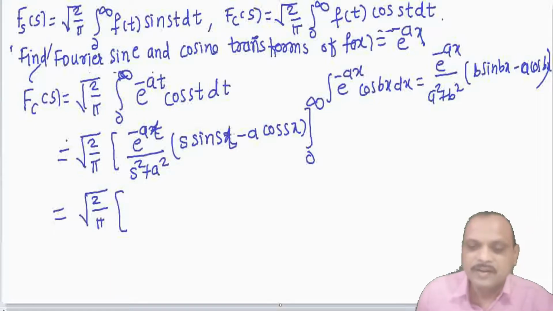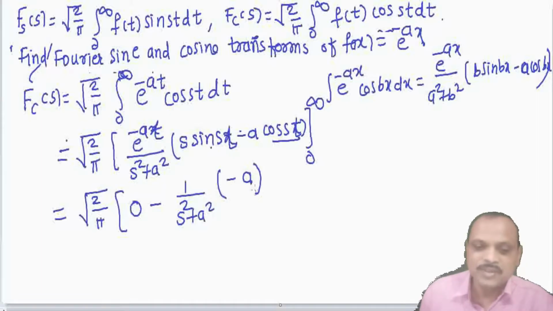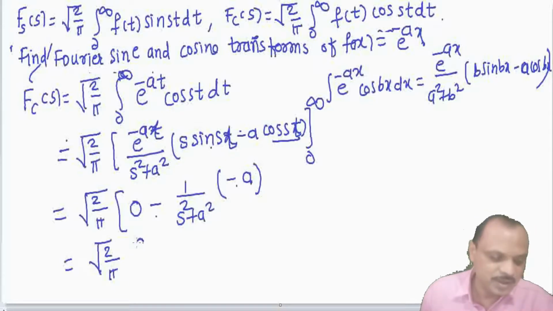At infinity it is 0, since the only variable is increasing, and e raised to minus at is in the denominator. Now at the lower limit, minus 1 divided by s square plus a square. At 0, sine will be 0, and minus a cos 0 with cos 0 equal to 1. So minus minus becomes plus, and we get under root 2 divided by pi into a divided by s square plus a square.